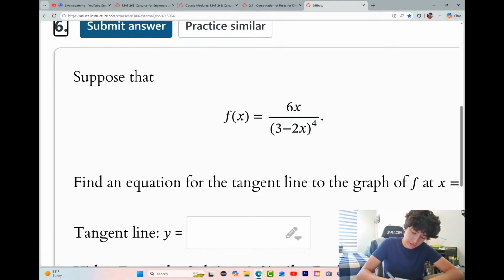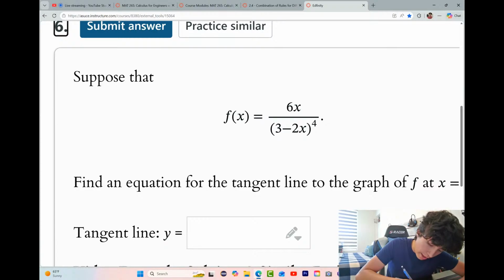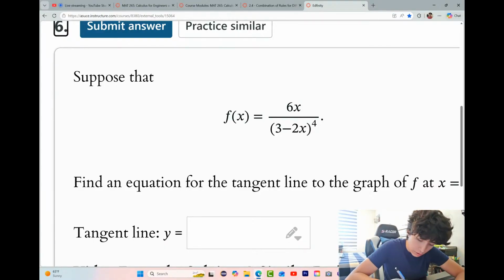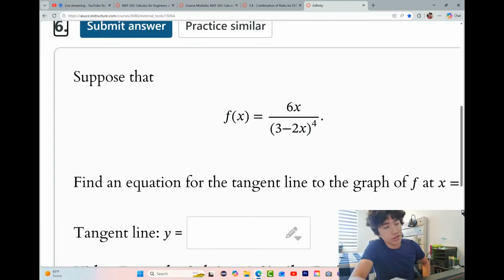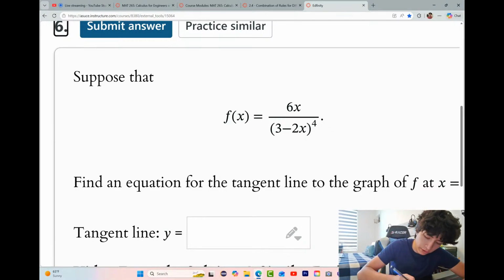Okay, let's do this. So we have f of x equals 6x over (3 minus 2x), all of that to the power of 4. For the denominator, we're going to use the chain rule, and then we have an entire quotient, so we're going to use the quotient rule.